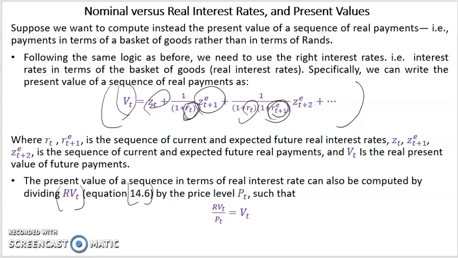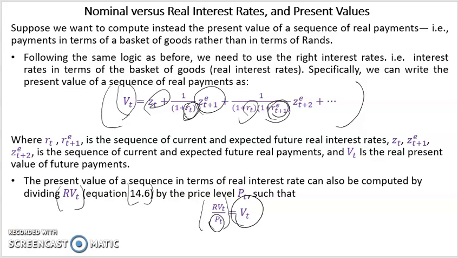So you can get the nominal expected future value and divide it by the price to get the real present discounted value of a future sequence of payments.